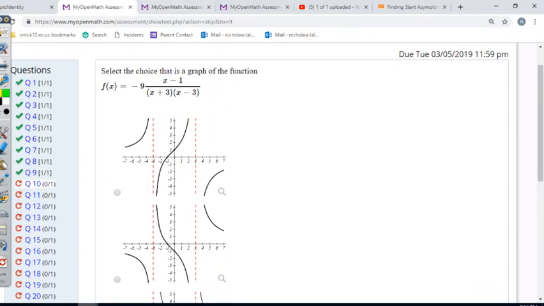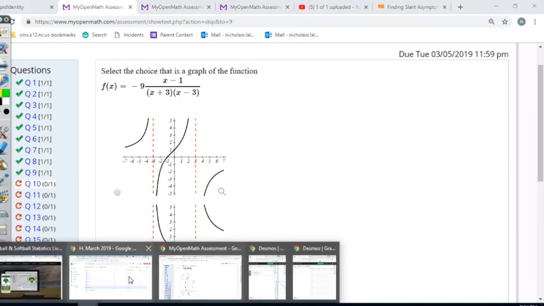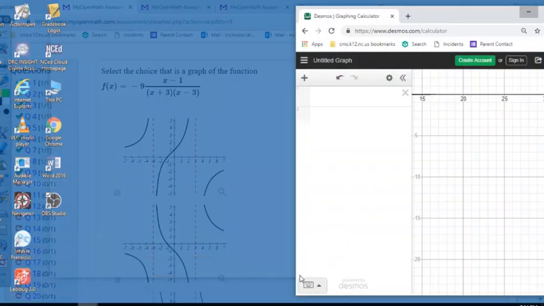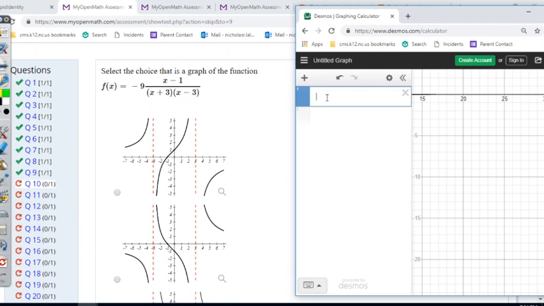So worst comes to worst, we can Desmos this. We can look for x or y intercepts, but it'll just be faster to Desmos. Negative 9 times x minus 1 over x plus 3 times x minus 3.